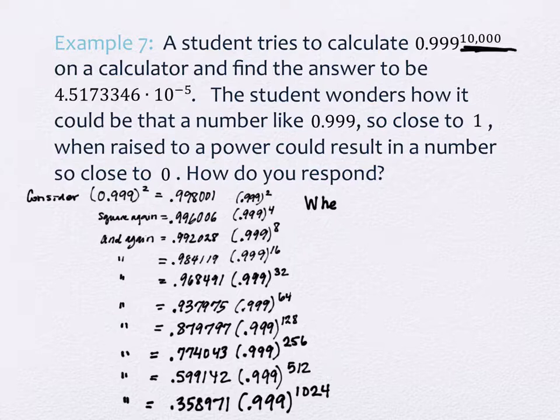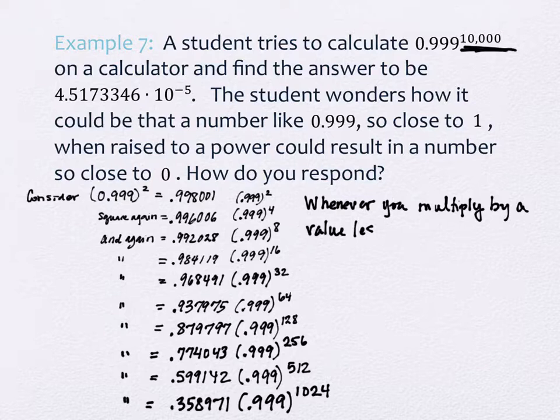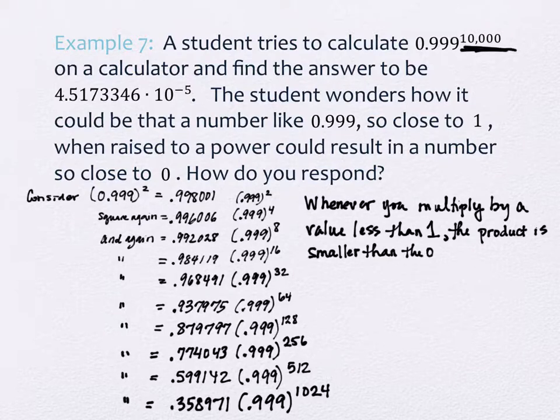Whenever you multiply by a value less than 1, the product is smaller than the original number.